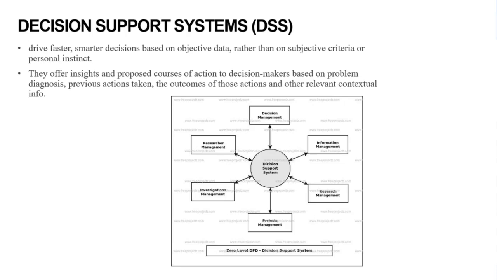The goal of these systems is to offer insight, information or relevant knowledge for managers so that they can make some diagnosis or prevent some actions in the future, maybe based on some historical fact, they can make some positive solutions. The outcomes of those actions can be important for the future of the business.